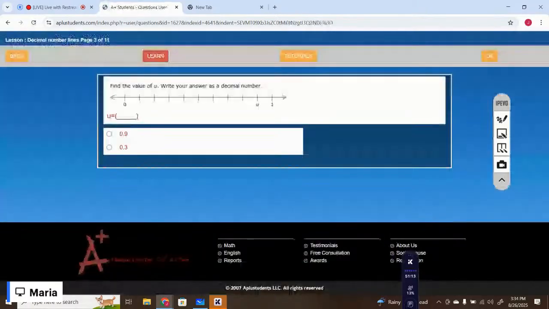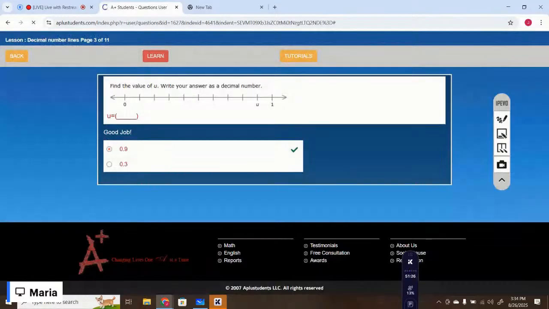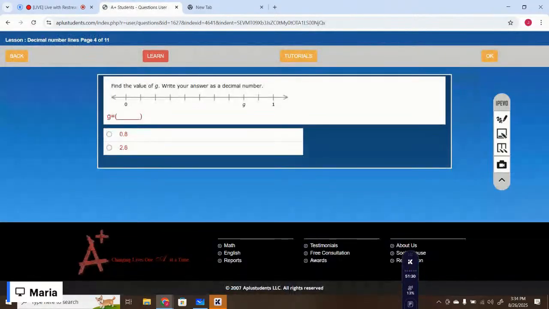Find the value of u. That is 0.9. Option number 1 is the correct option. 0.8 it is.